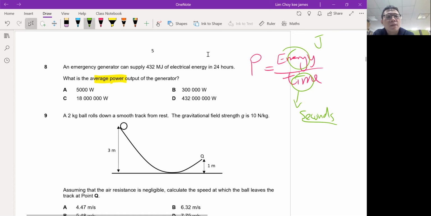The second thing I need to caution you about is mega. Mega here refers to the prefix 10 to the power 6. So the energy is 432 with 6 zeros at the back. If you look at the working, it will be energy divided by time.